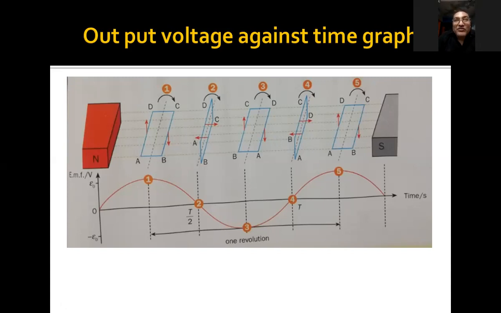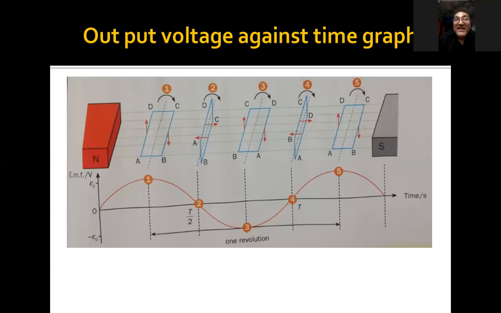AD, which is moving towards the left in diagram number 4, is also moving parallel to the magnetic lines for a very short time. So the AD is not cutting the magnetic lines. When you move parallel to the magnetic lines, obviously you are not cutting them. So the BC is moving towards the right, and it is not cutting the magnetic lines because it is moving parallel to them.